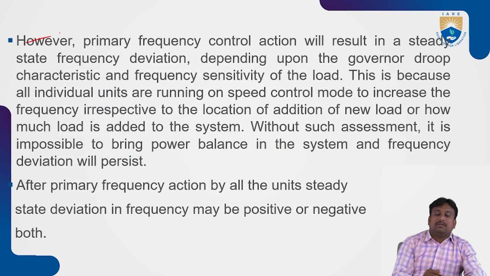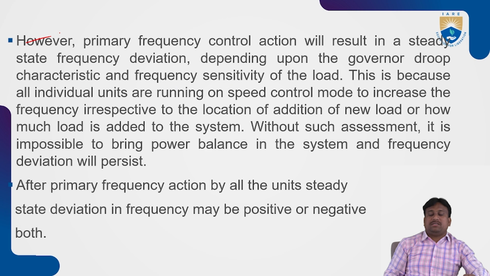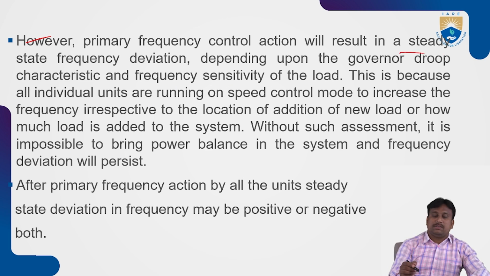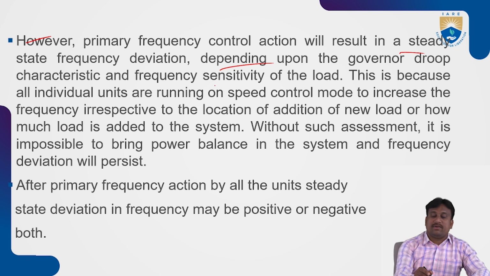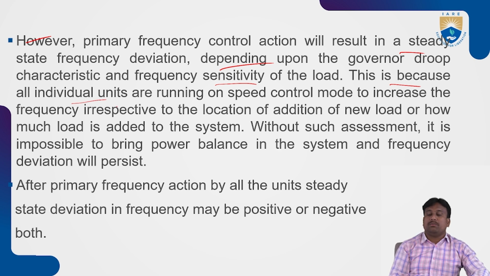However, the primary frequency control action will result in a steady state frequency deviation. That means, based upon the governor droop characteristics and the frequency sensitivity of the load, because all individual units are running on speed control mode. That means this is to increase the frequency irrespective of the location of addition of new load or how much load is added to the system.